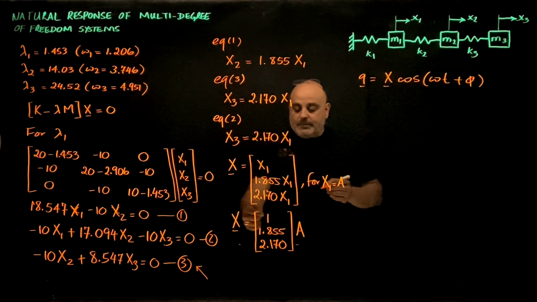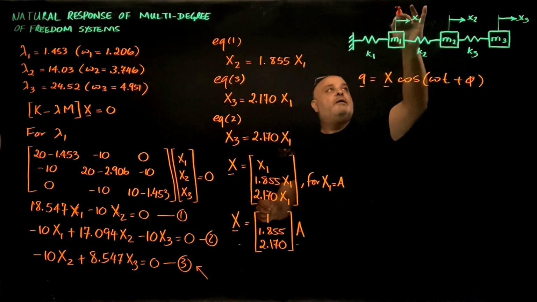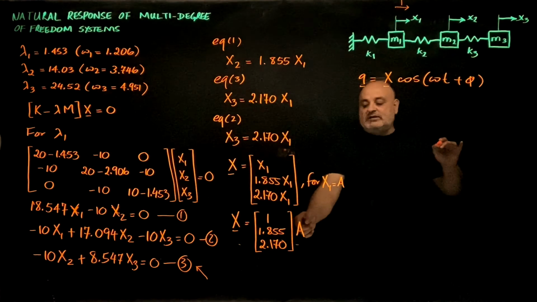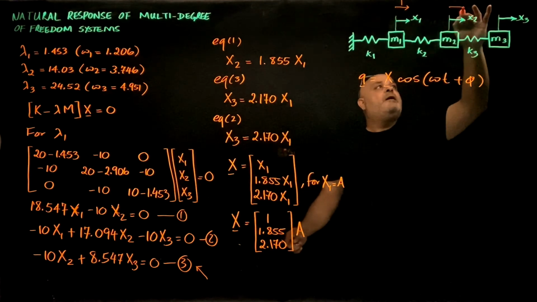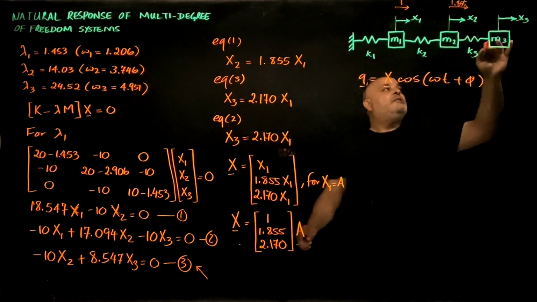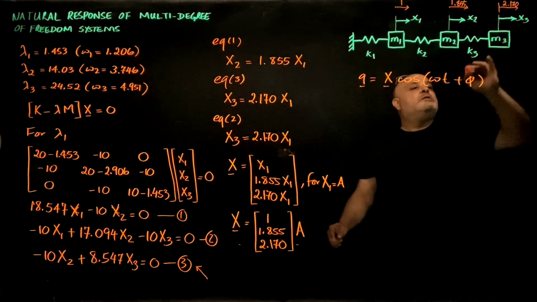The mode shape means that if x1 moves with an amplitude of 1, then the amplitude of motion in x2 will be 1.855, and the amplitude of motion for x3 is 2.170.